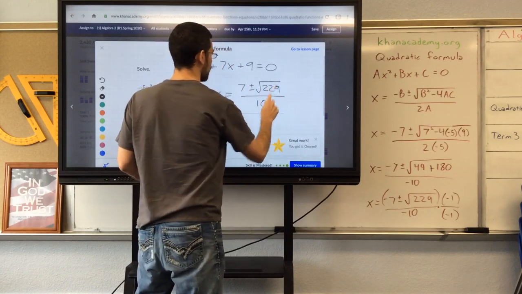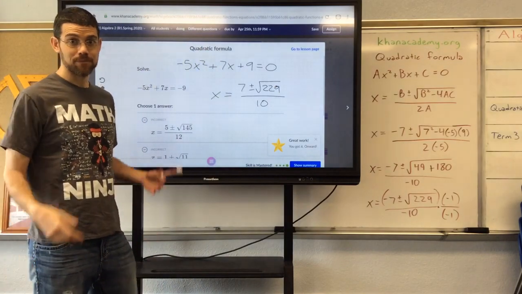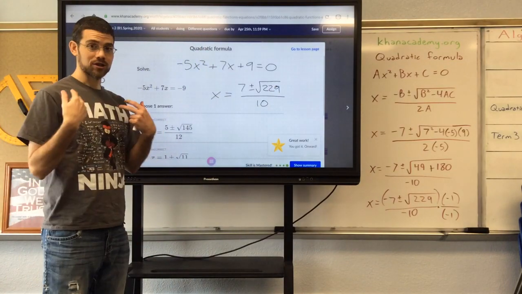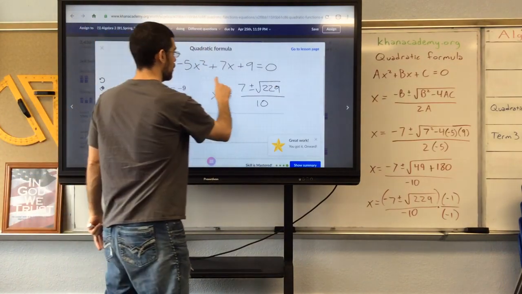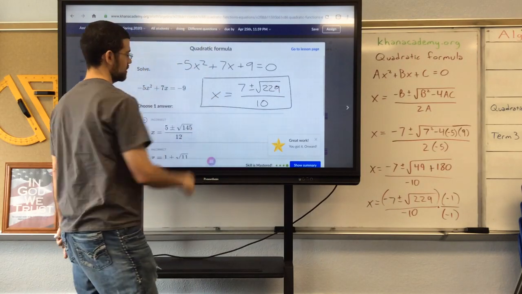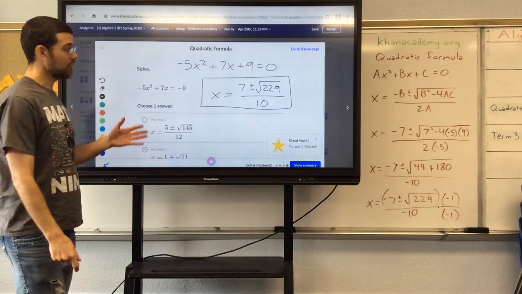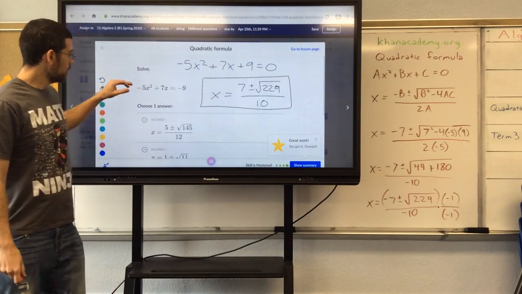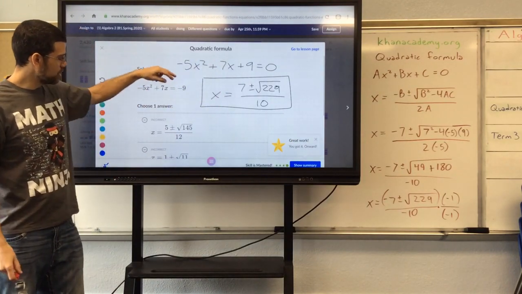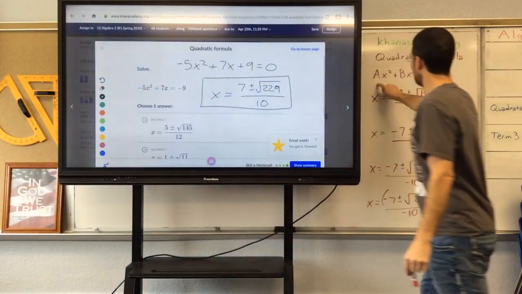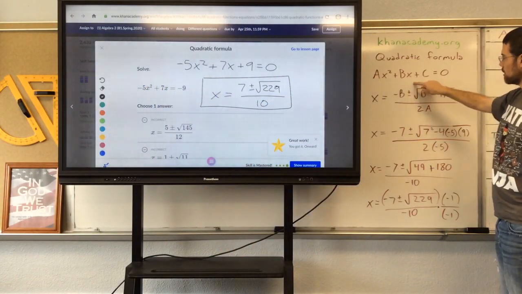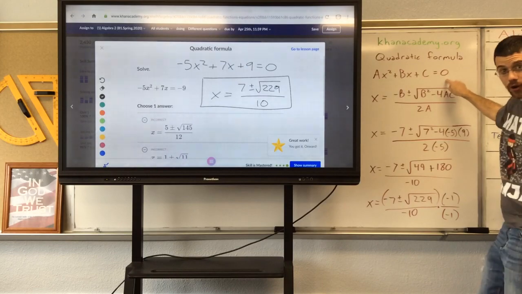If I were wanting the answer on paper, if I was coming up with the solution myself, I would be shooting for this. This is a neater form than the one they had on their list, but that's all you need to do. Again, you have to put the equation into this form, ax squared plus bx plus c equals 0.